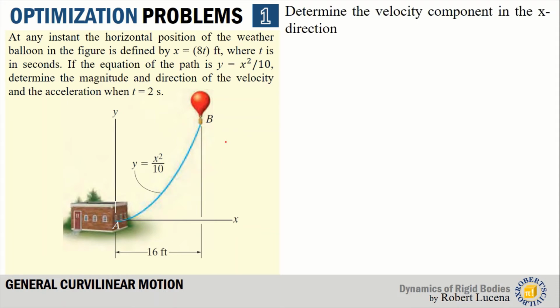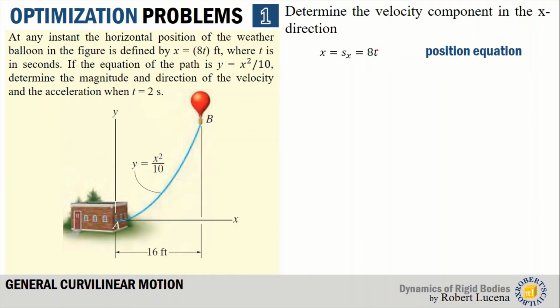So let's start. First, we have to get the x component velocity, or the velocity component in the x direction. So recall that we have the position equation, x is equal to 8t. So this x is a function of time. So the position of the balloon along x-axis is defined by time.